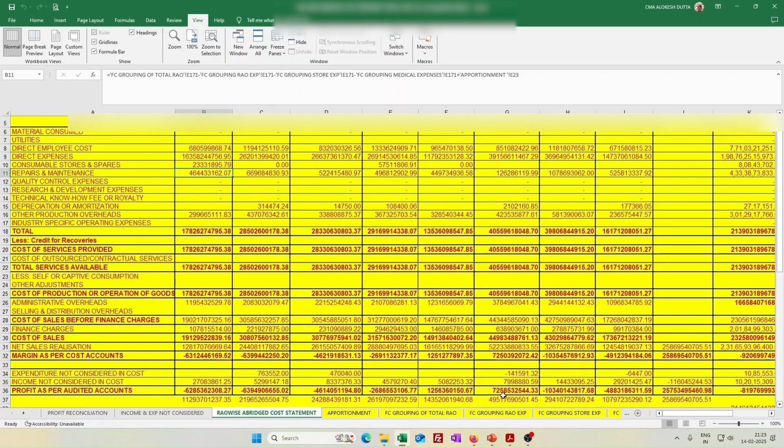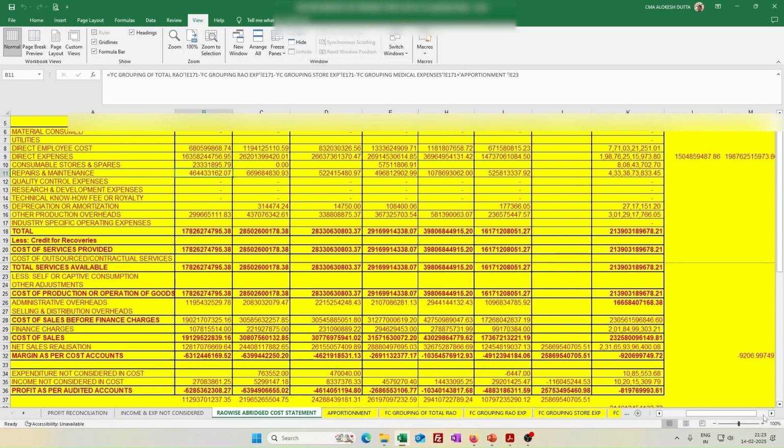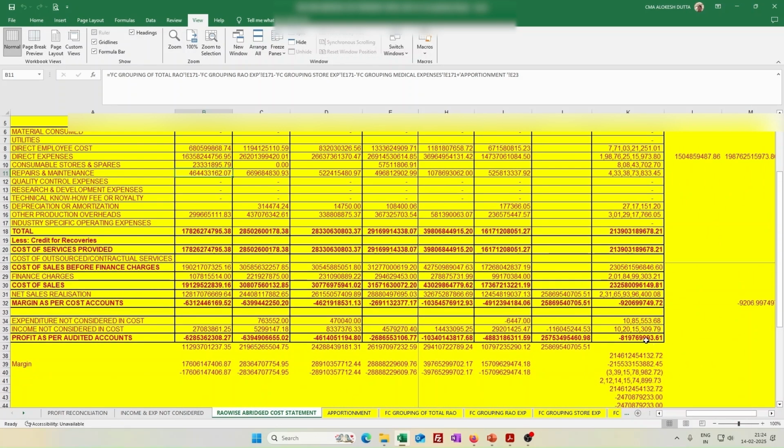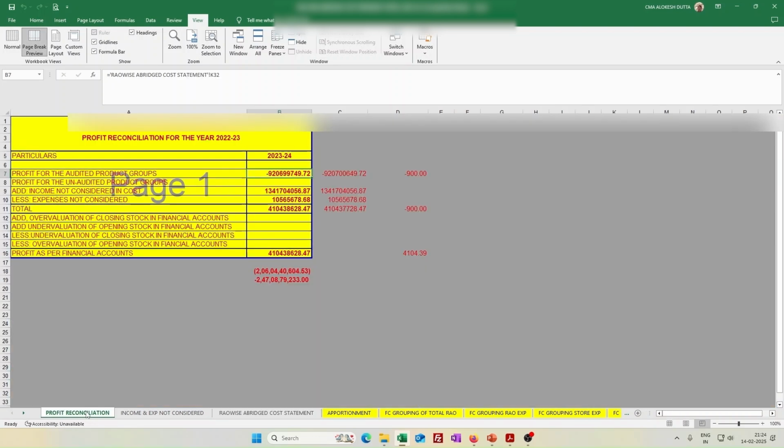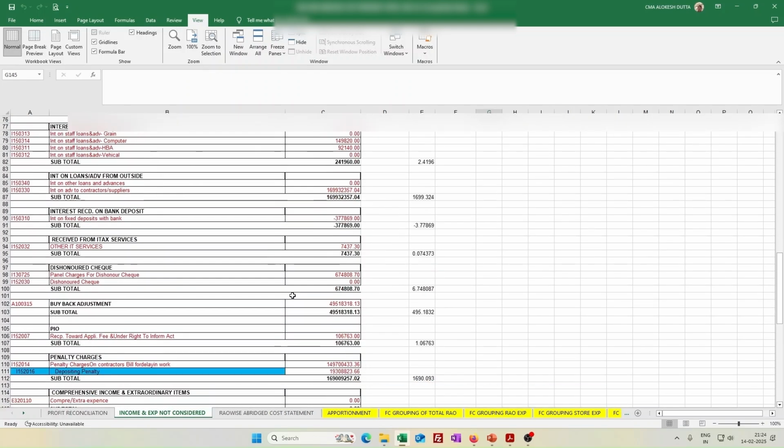We have prepared the RAO wise average cost statement. See the total. This figure is the margin for the total company as a whole, and this figure comes here. And add income not considered and expenditure not considered comes from here.